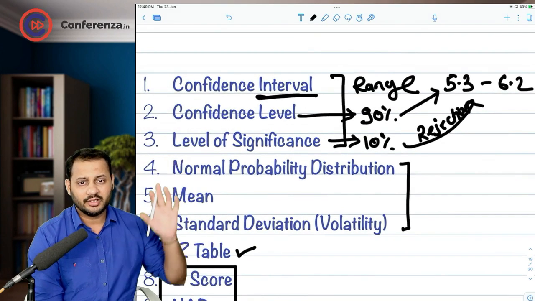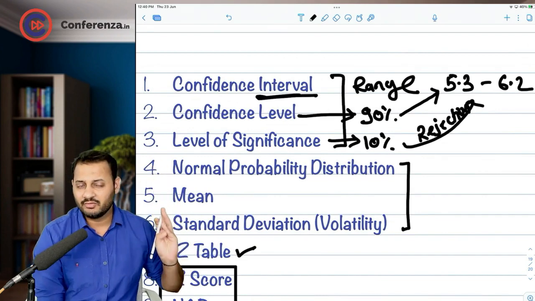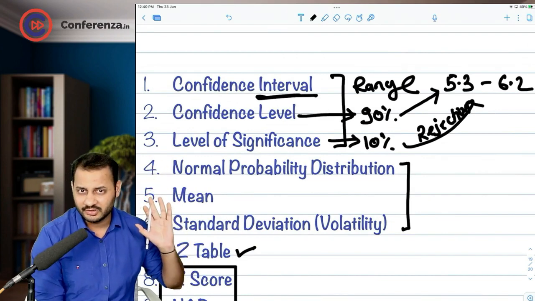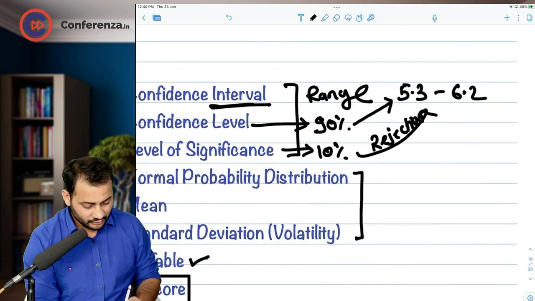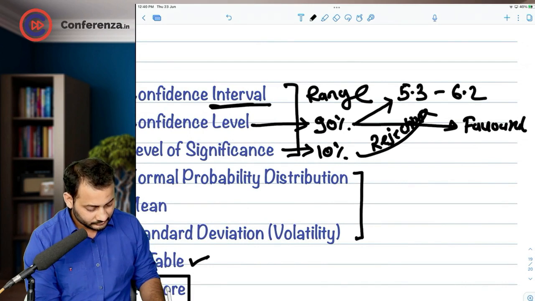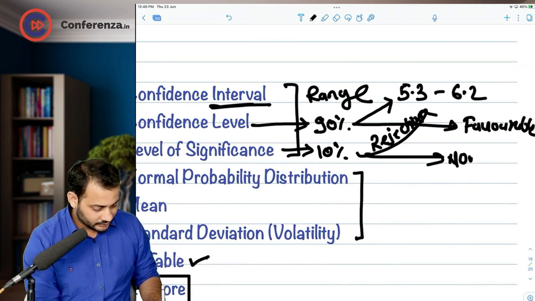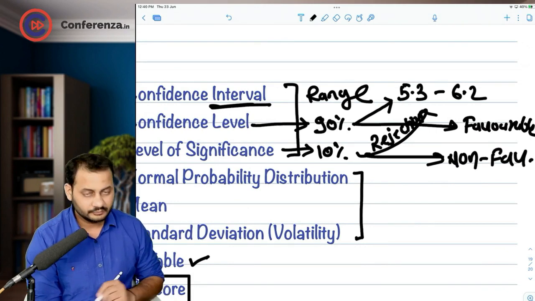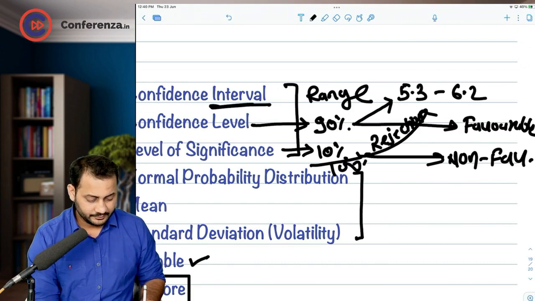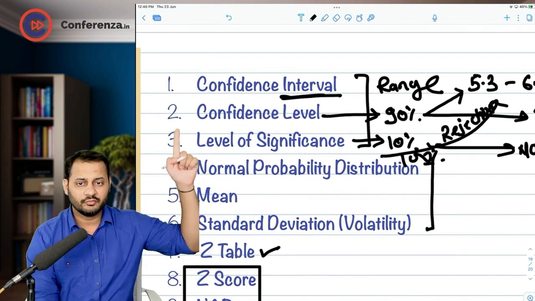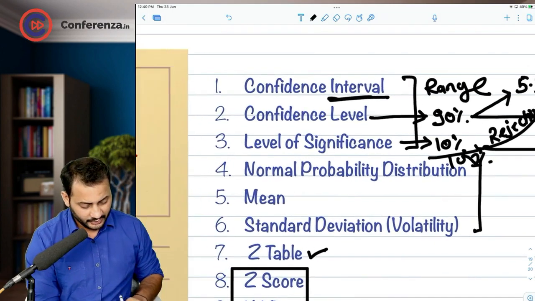So are you getting what the confidence level, the level of significance, and the confidence interval are? These three concepts have been completed. The 90% confidence level will give you favorable answers, and this will give you non-favorable answers. Cool. The total of the confidence level and the level of significance should be 100%.